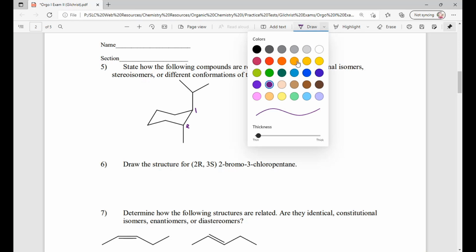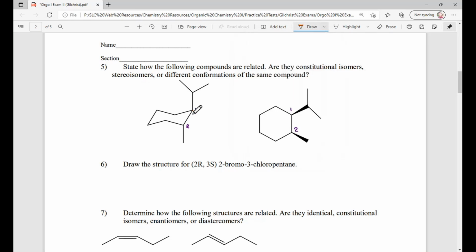Absolutely, yeah. Because in this case, if you were to look at the other group attached to this, the isopropyl group is up relative to the hydrogen, and the methyl group is down relative to the hydrogen. So this would be a trans 1,2 compound.